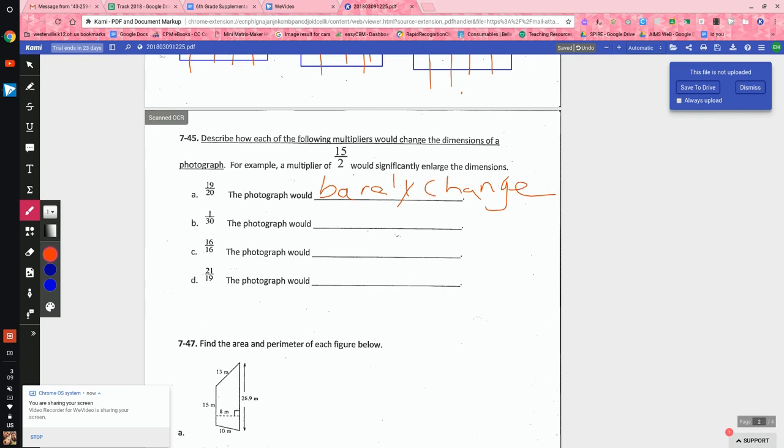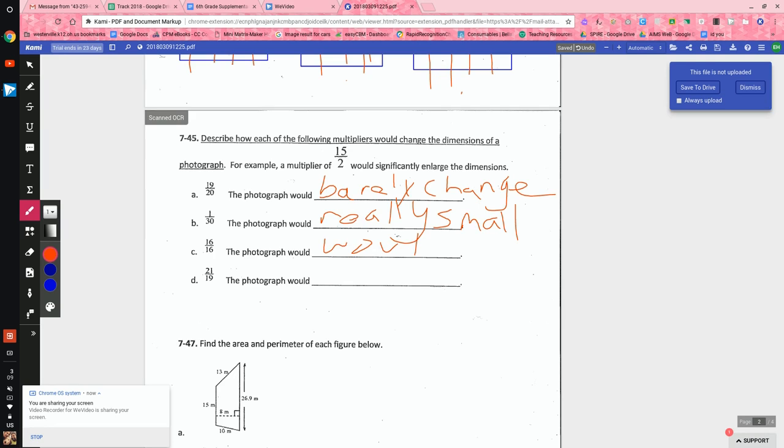If you're multiplying by 1/30, that's going to change it a lot. So it's going to make it, I would just say, really small. Think if you had 30 squares and you divide them into even squares and you only had one piece of it out, that's how big your picture would be. 16/16 wouldn't change it.